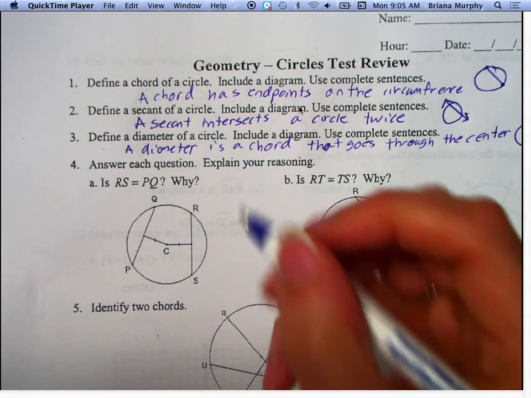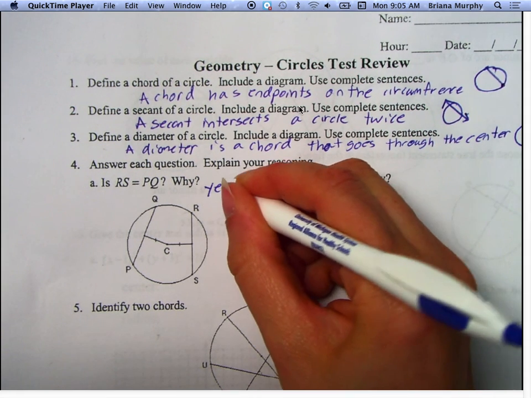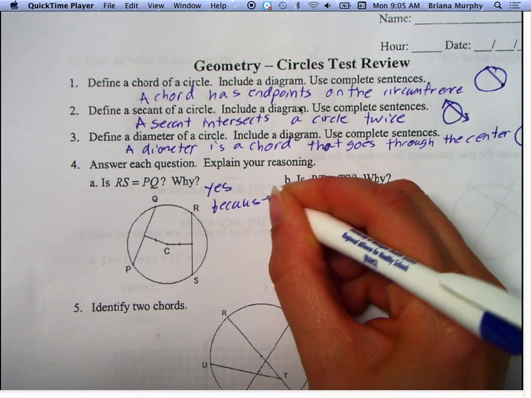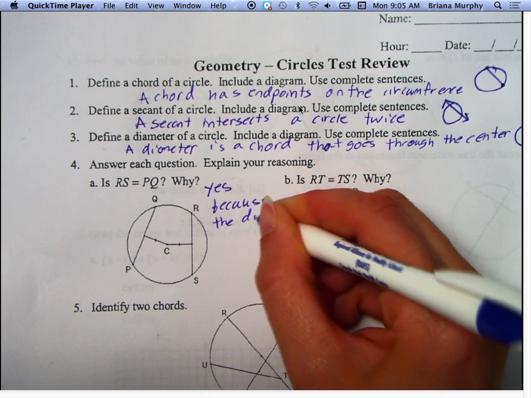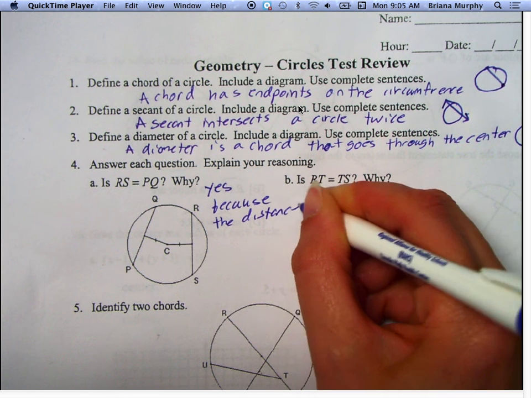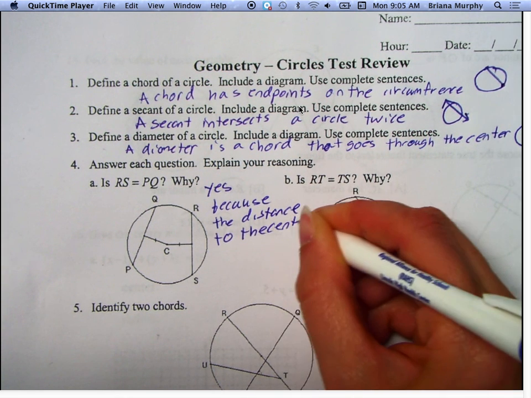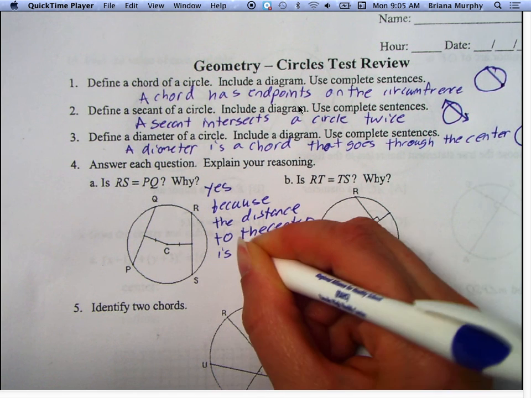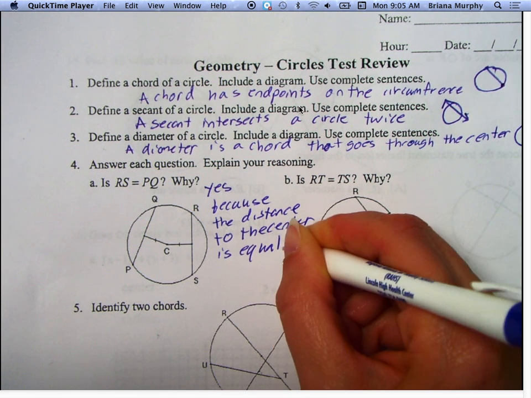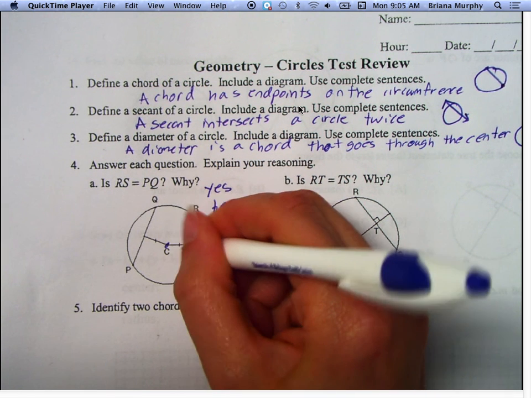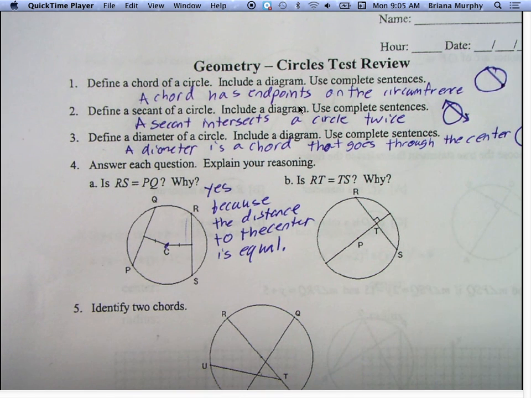So A is yes, they're equal, because the distance to the center is equal. Questions about that one? So if their distance to the center is equal, the chords have to be equal to each other.